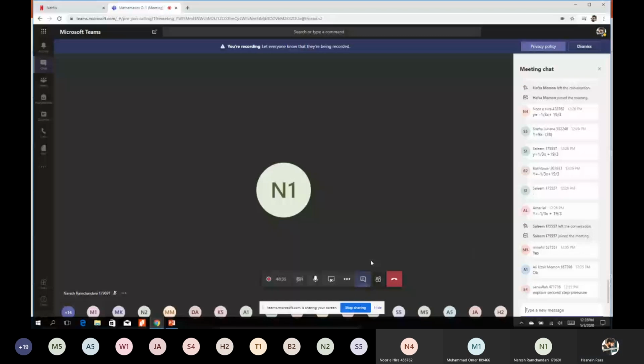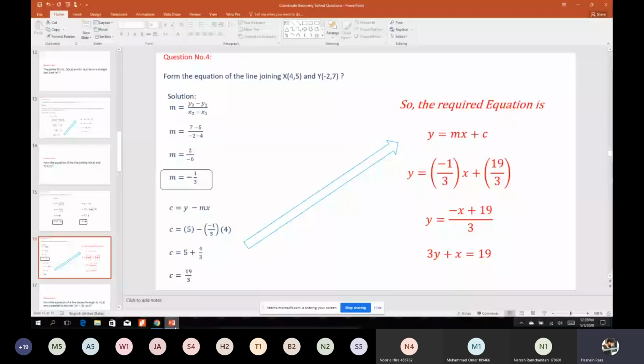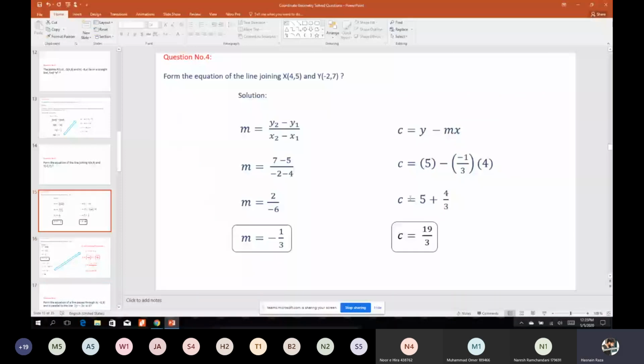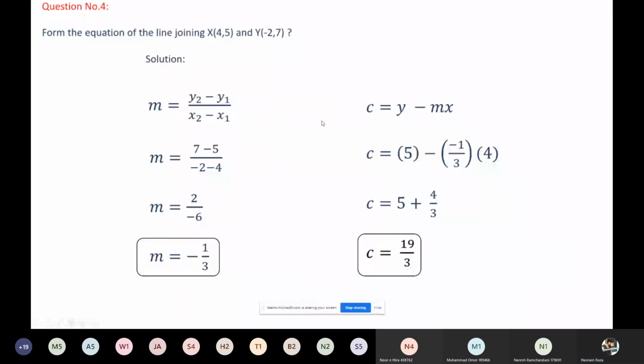Sanaullah, sure. Second step. Sanaullah's second step was to find the y-intercept. ठीक है? This is the formula. C equals y minus mx. We have to put the values of y, m, and x. M is the slope, यानी m की जगह what we'll have to write?